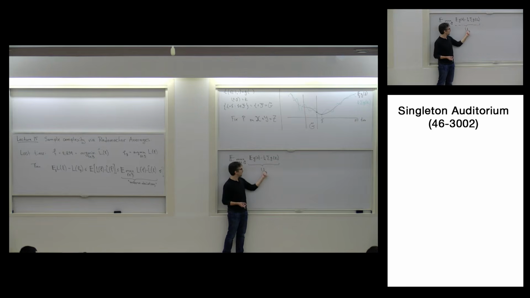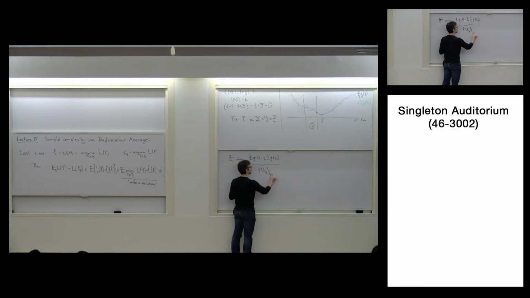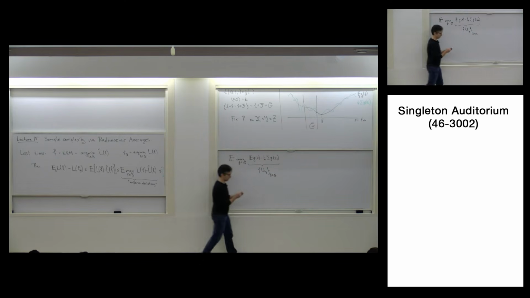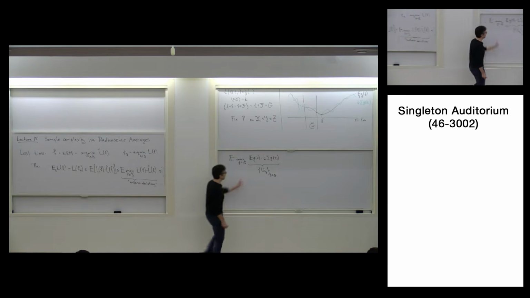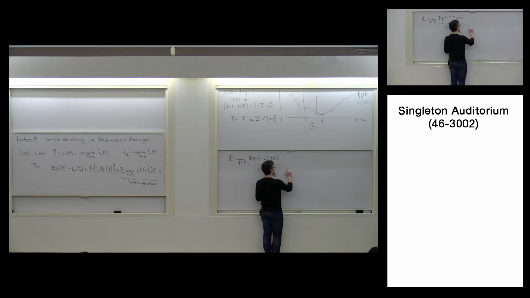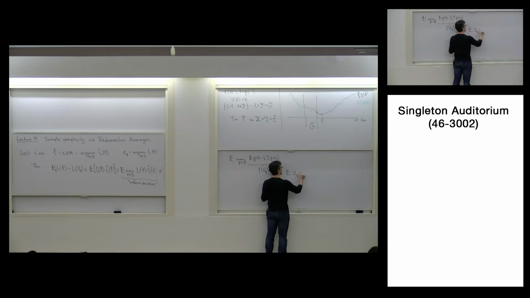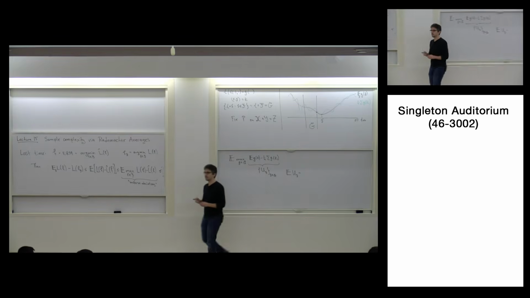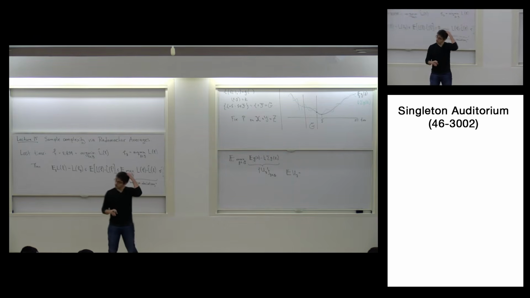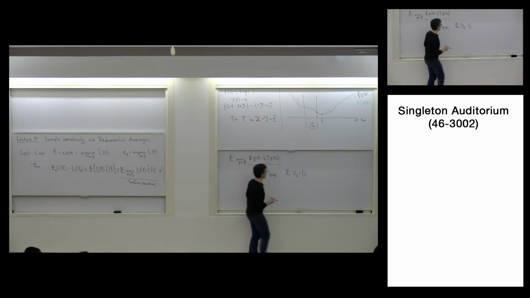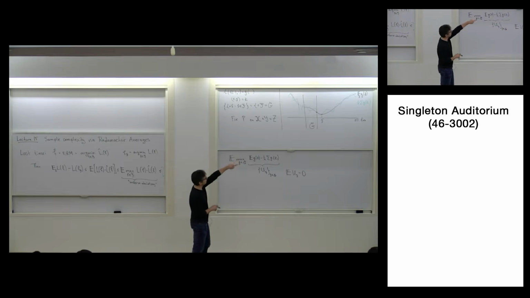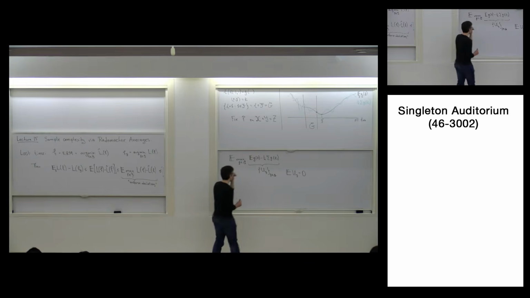And now we have a collection, and this collection is indexed by G in this calligraphic G. Now, what's the mean of every single one of these random variables? 0, right? The meaning of that is that the green curve is centered around the black curve for every point.